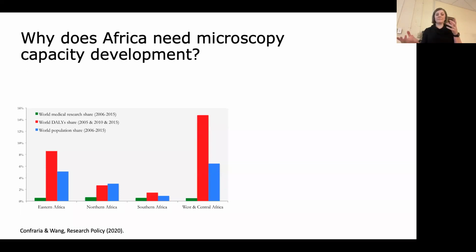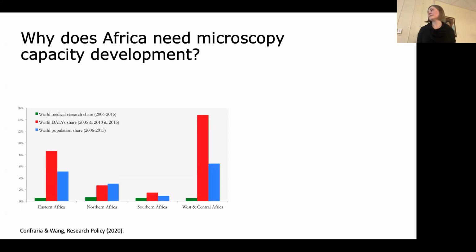I'm just going to show you two fairly striking figures to highlight the disparity between what is available and achievable in Africa and elsewhere in the world. In this first graph, the red bars show the population-scaled disease burden in Africa, across infectious and non-communicable diseases.